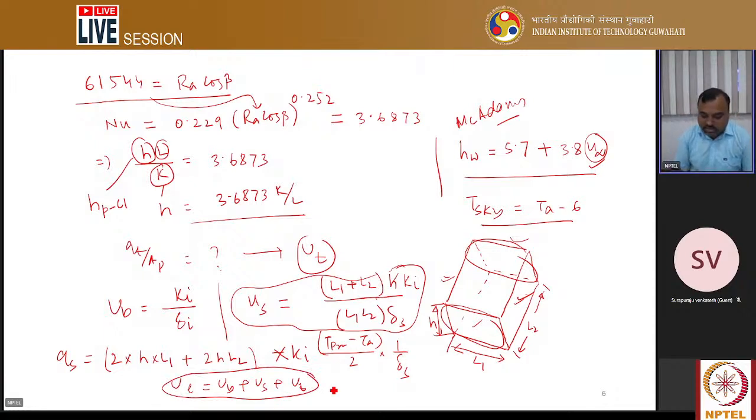One thing we must know: once we have calculated this value, it should be in the range of 2 to 10 watt per meter squared Kelvin. If it is more than that, your design is not perfect and there will be a lot of losses. So we need to redo the calculations and modify the system appropriately.